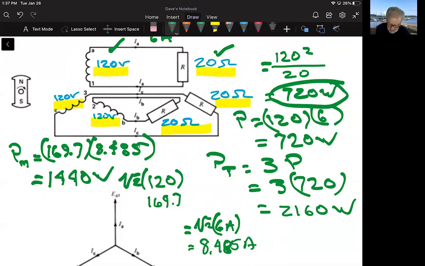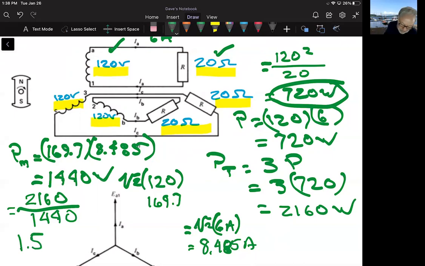Now, what is the ratio of the total power, which we found to be 2160, to the peak power, 1440? Well, lo and behold, that comes out to be 1.5.